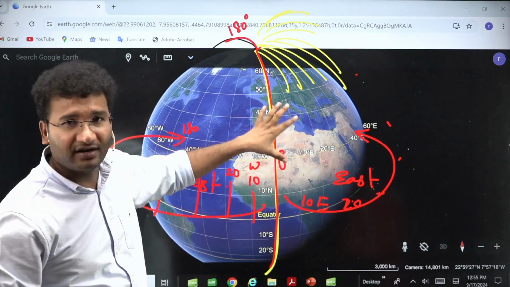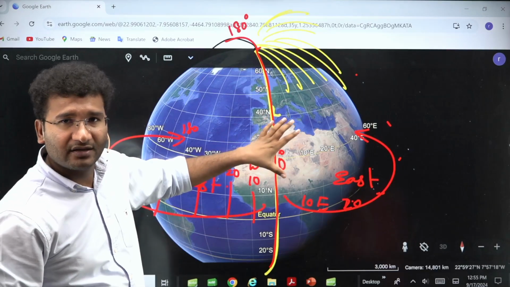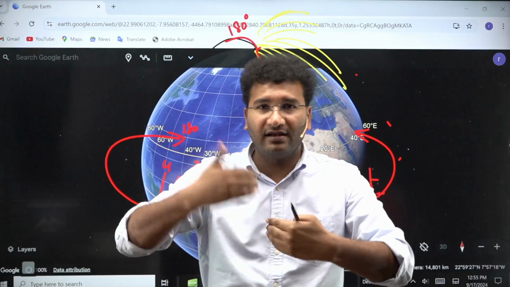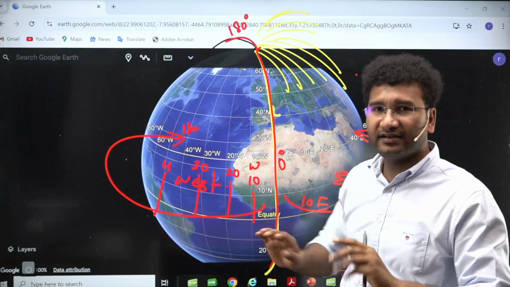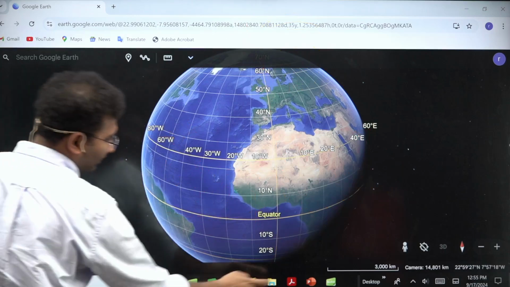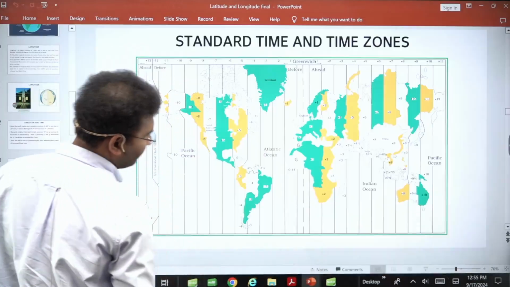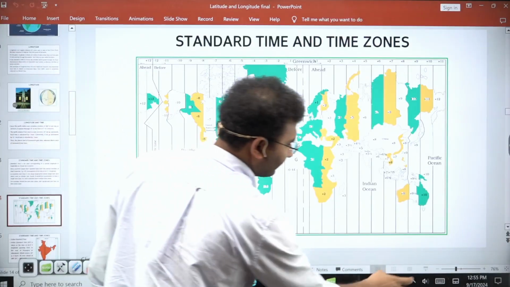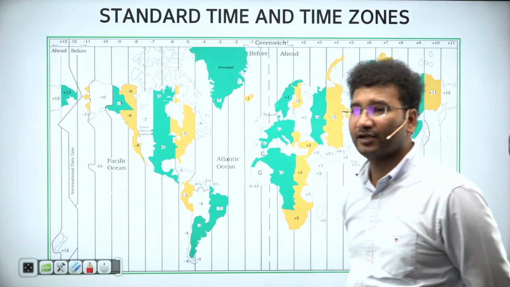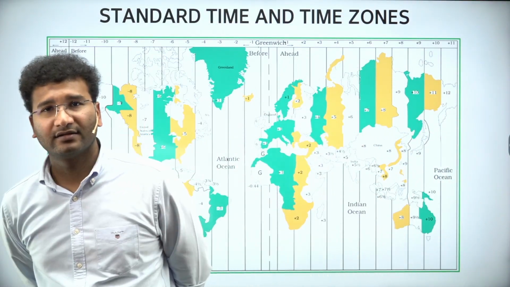Our earth is circular, but if I open it up, I'll tear apart the earth and make it into a square. So when I make it into a square, your earth will look like this. Do you agree? This is how we draw the map.